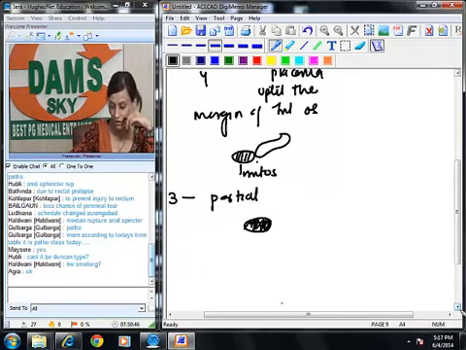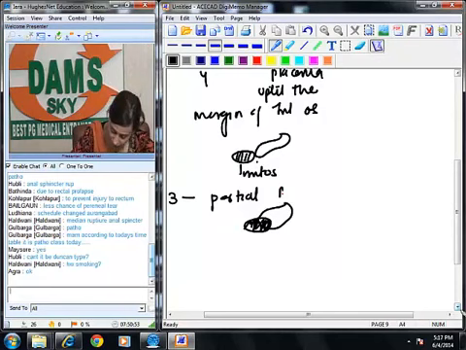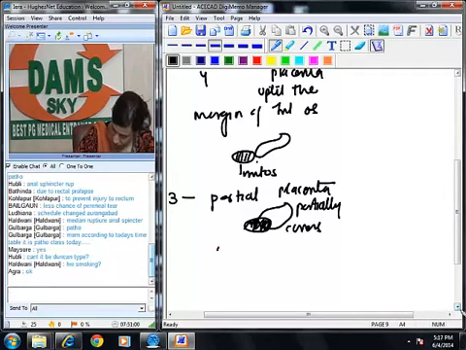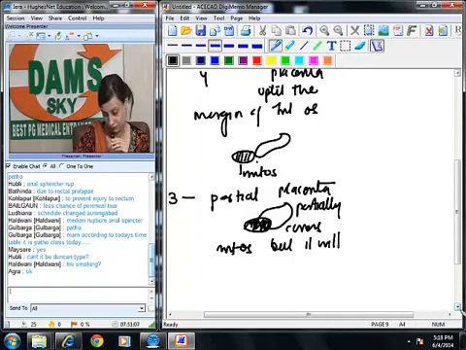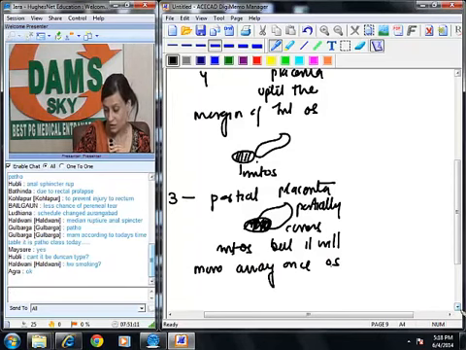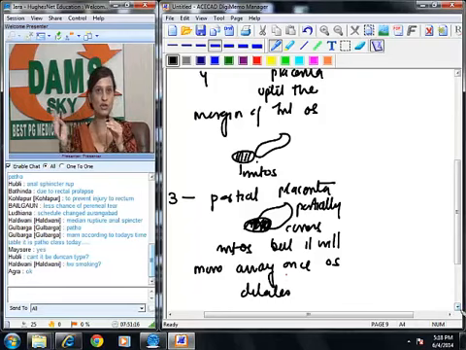If this is the internal os, the placenta partially overlies the internal os, but it will move away once the os dilates.